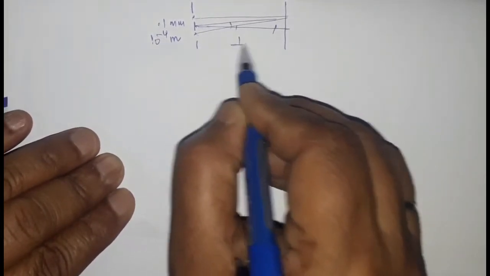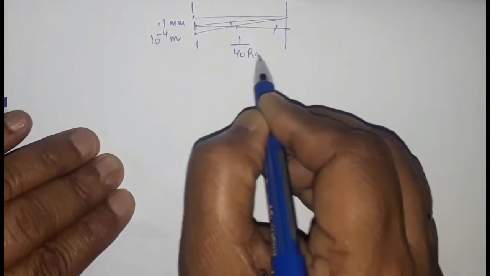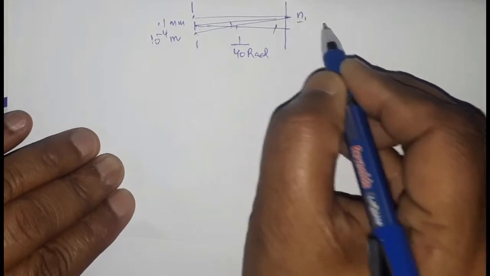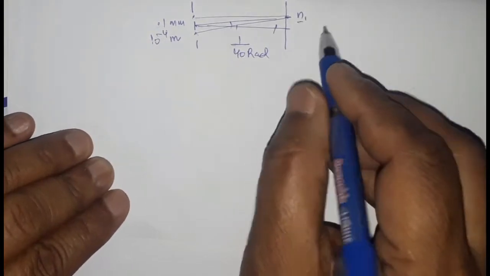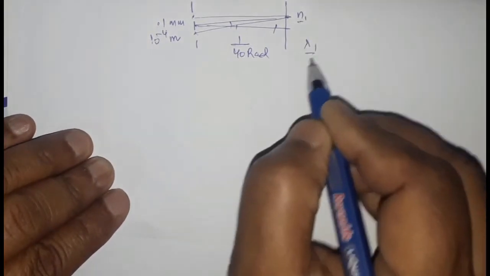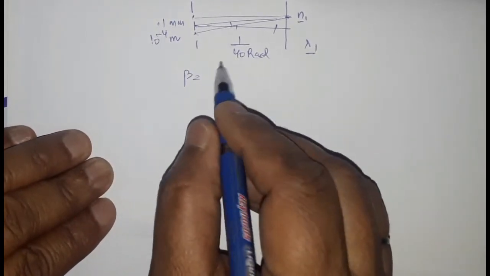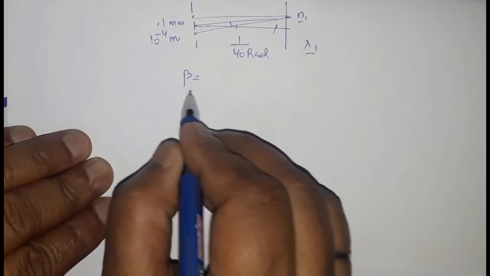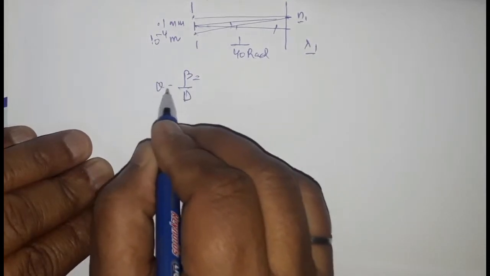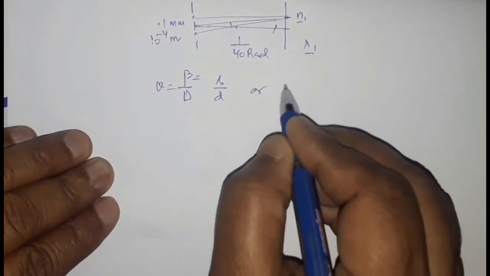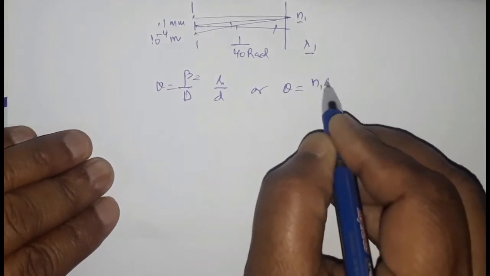Let this be the N1 fringe, and the wavelength used is lambda 1. So let us find this: as we have done earlier, beta upon capital D, that is theta, is equal to lambda by small d, or theta is equal to N1 lambda 1 by d.